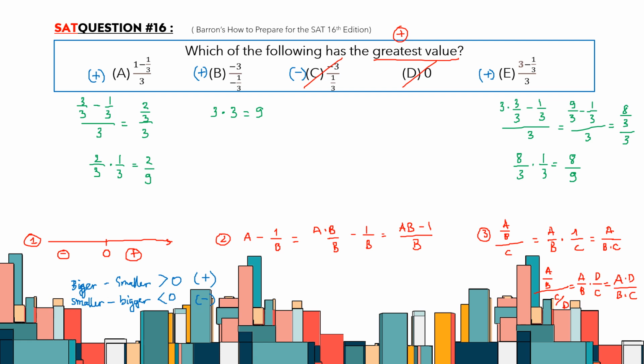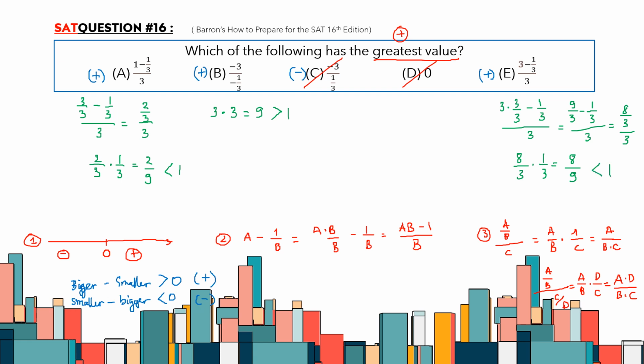Now for the fractions, if we have the numerator less than the denominator, it will be less than 1. So for A, this one is less than 1. For B, 9 is greater than 1. And for E, 8 is less than 9, so it's less than 1.